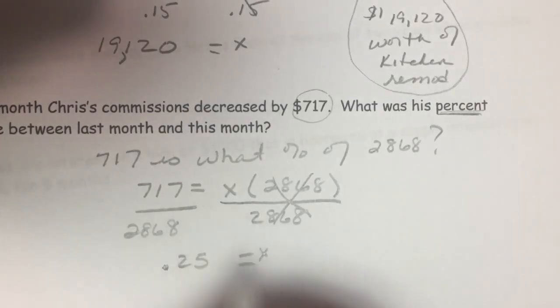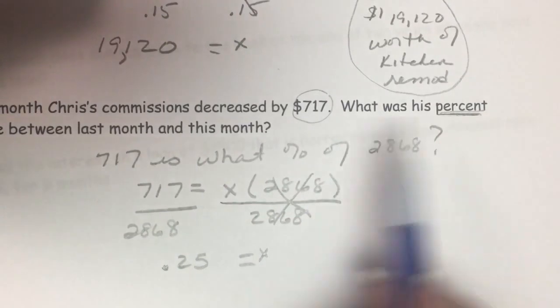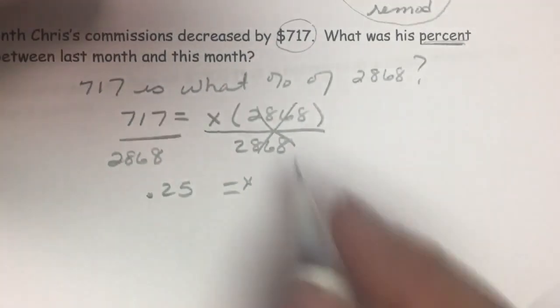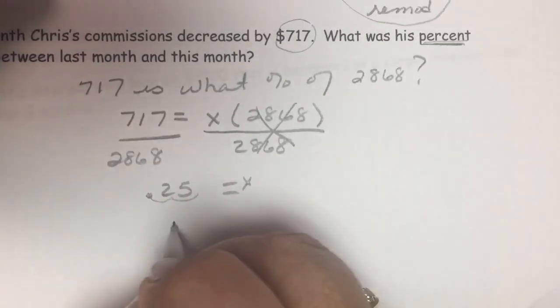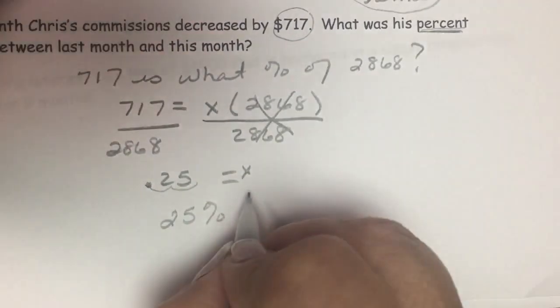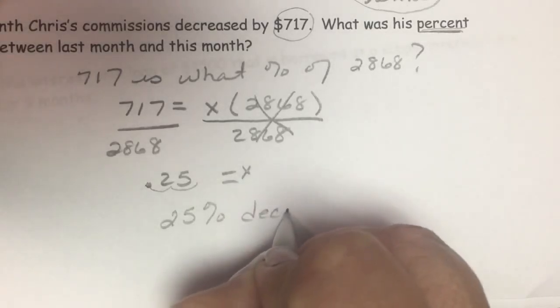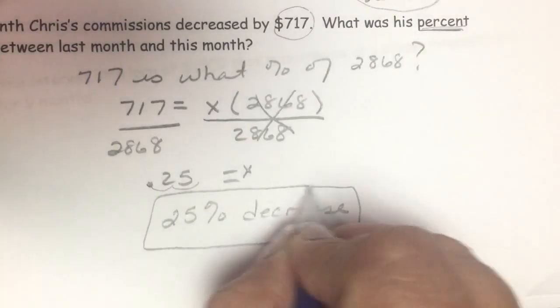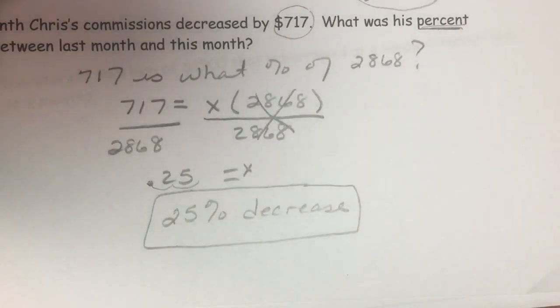But remember, again, here we're looking for a percent, so it's not 0.25%. If I move it over 2 places, it's going to be 25%. So there was a 25% decrease in his commission from last month to this month. He had a rough month.